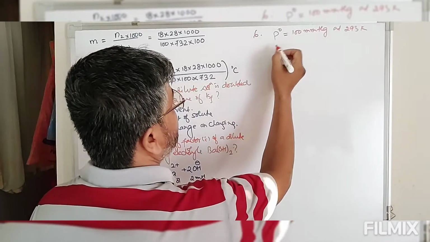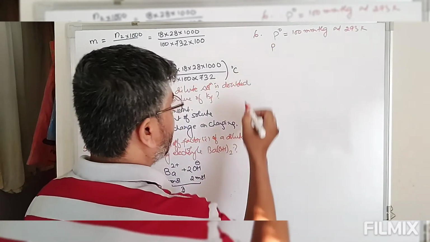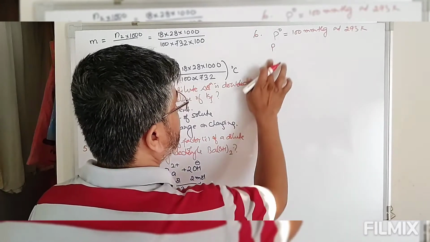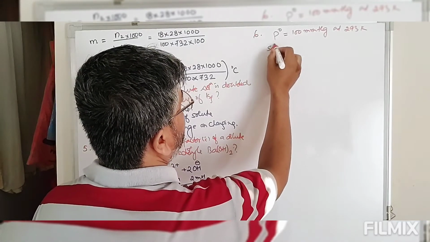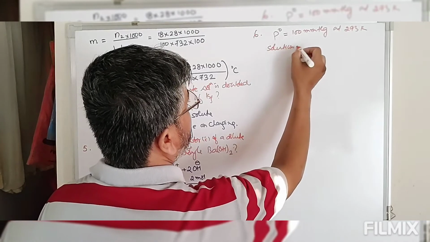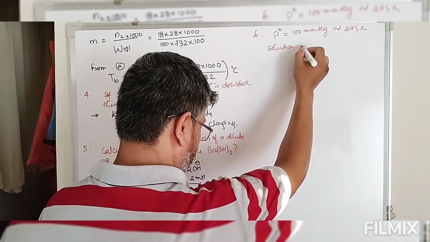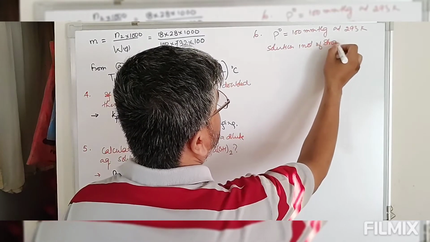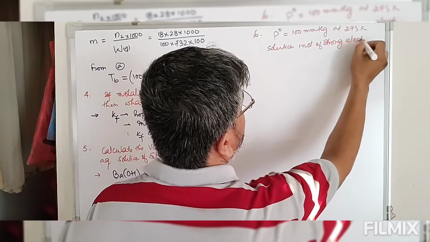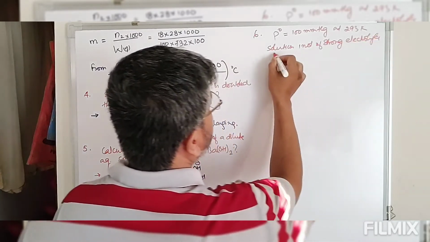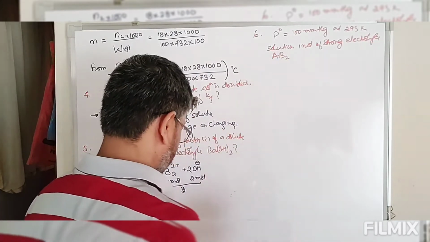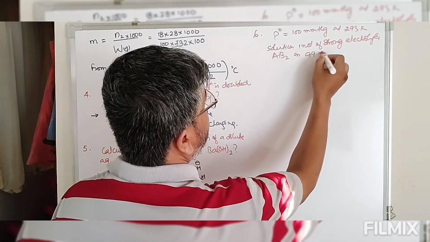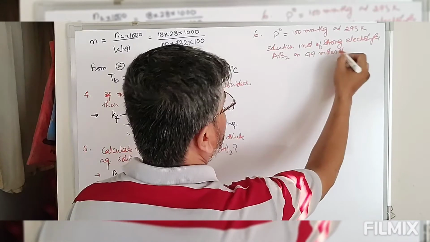Now we have a solution which contains 1 mole of strong electrolyte AB2 in 99 moles of solvent.